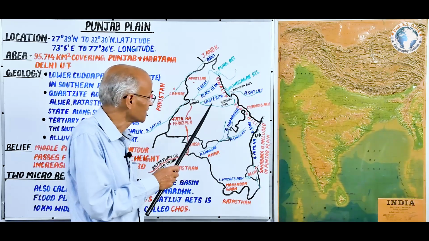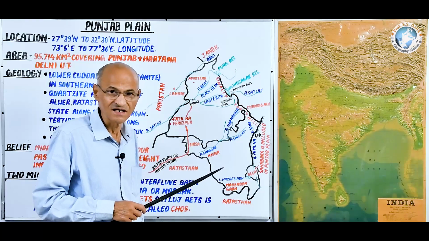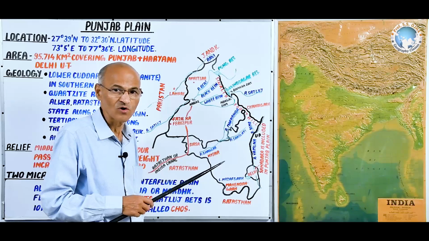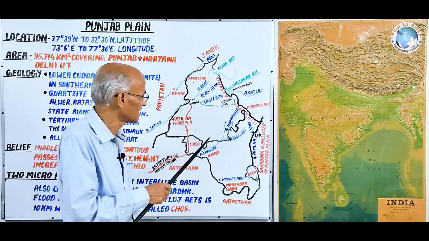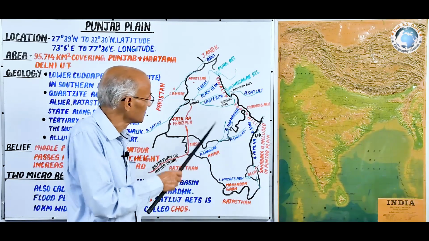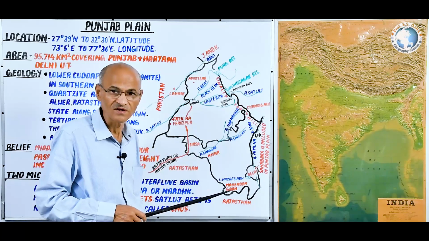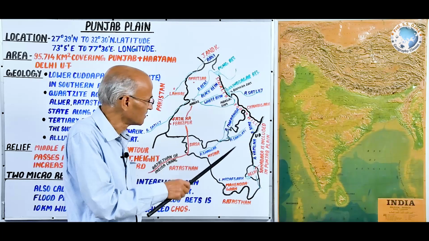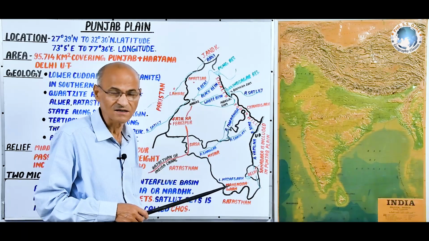Why do the descending western disturbances get rain? How do they get moisture? Because during the winter season, this area is covered with wheat, a rabi crop, and that wheat crop is being irrigated intensively.